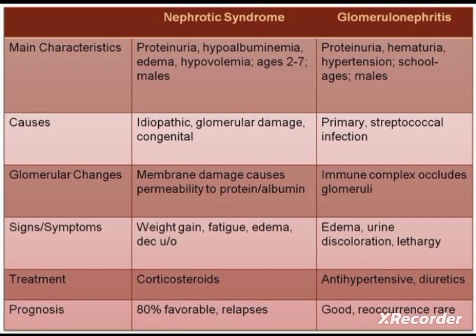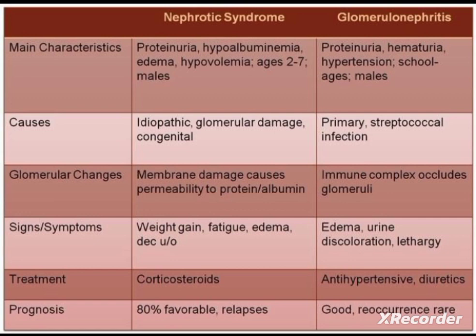Then prognosis: in nephrotic syndrome, 80 percent is favorable, but there may be a chance of relapses. In glomerulonephritis, the prognosis is good, and sometimes a recurrence may occur, but it is very rare.